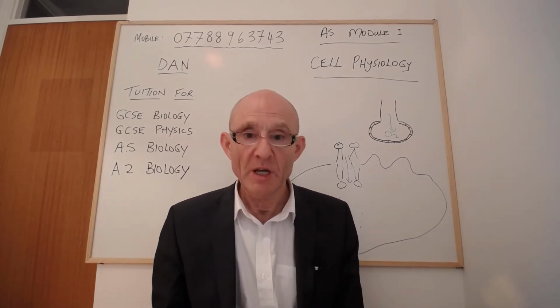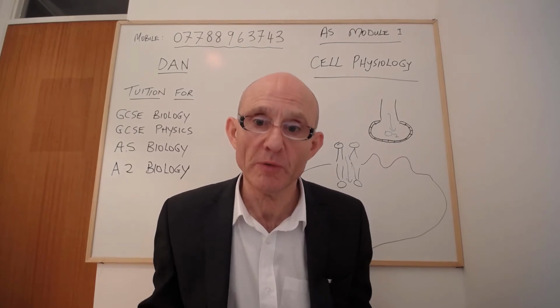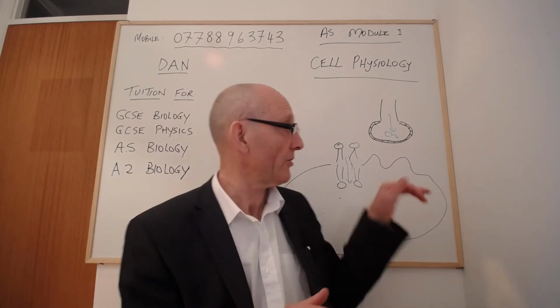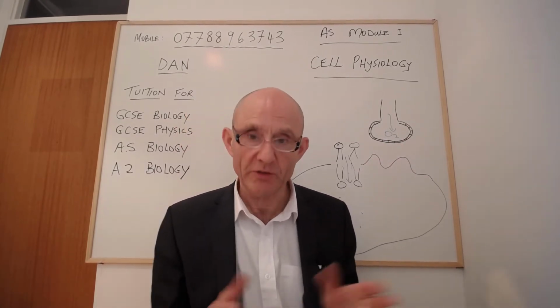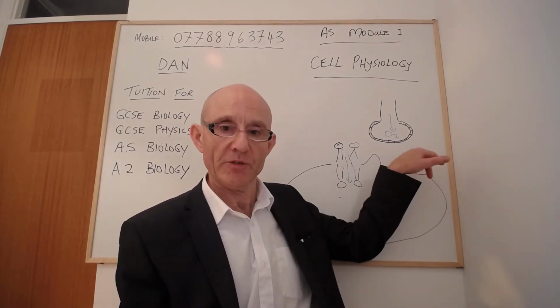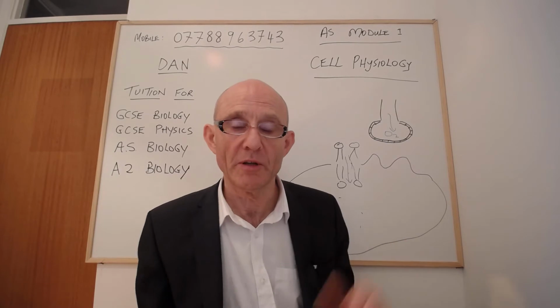So I've just said, I keep referring to it as diffusion, but really its proper name is simple diffusion. Simple diffusion can happen across a cell membrane, it can happen across several membranes, or it can happen through a layer of cells or several layers of cells. For example, as I've said, in the alveoli.